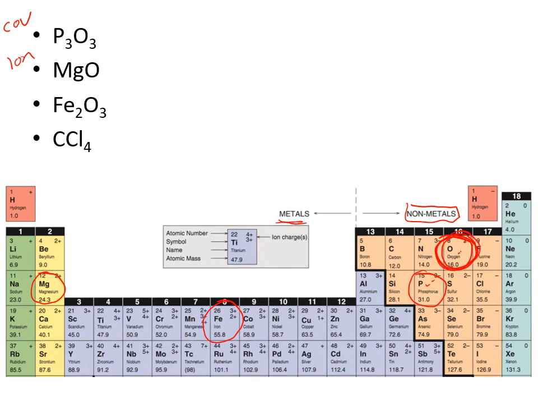Fe is a metal, iron, and O is a non-metal. This also gets an ionic name. We have CCl4, so C is carbon, Cl is chlorine. So this is a non-metal and a non-metal, that gets a covalent name.